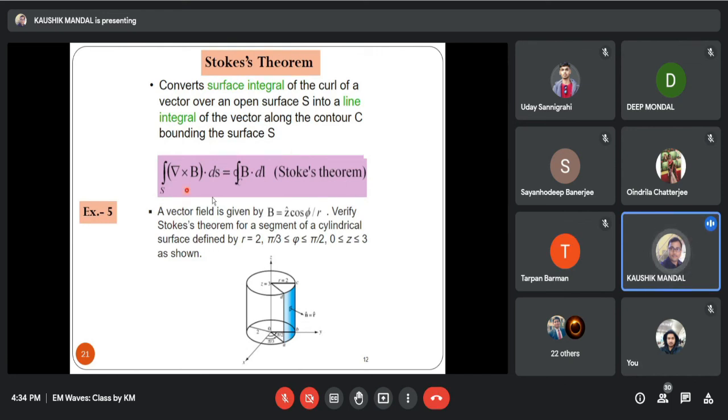If we consider a vector field given by this, z cap is the unit vector, cos phi by r.